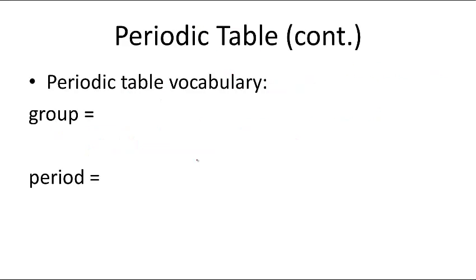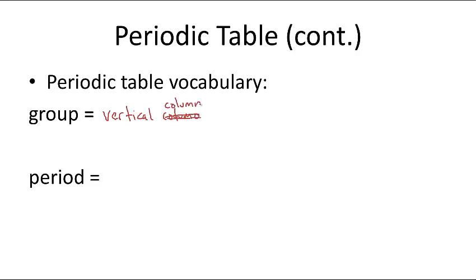So we need a little bit of vocabulary for this. The periodic table vocabulary that we can use is, the first word is group, and this is the vertical column on the periodic table.